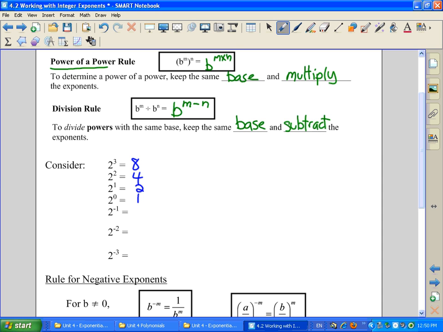So to get to 8, to get to 4, to get to 2, to get to 1, what's happening? Hopefully you realize that every time it's getting divided by 2, or you're halving it. So for example, 2 to the -1 is 1 over 2. 2 to the -2 is 1 over 4, which equals 1 over 2 to the power of 2. And this is 1 over 8, which is 1 over 2 to the power of 3.